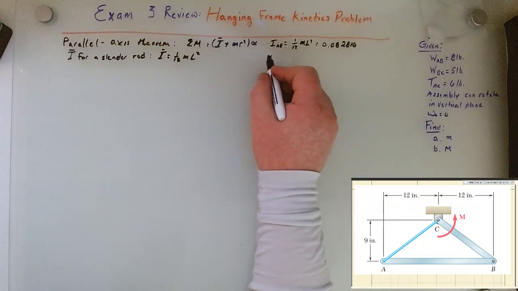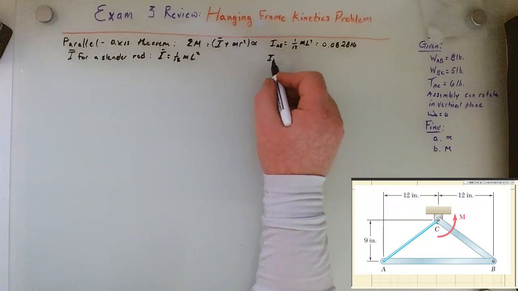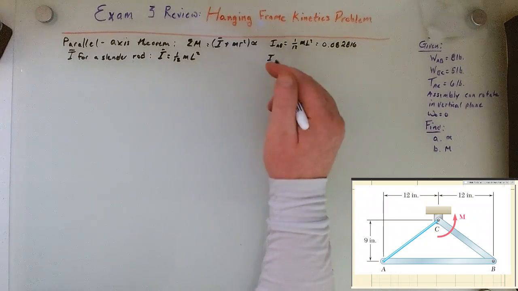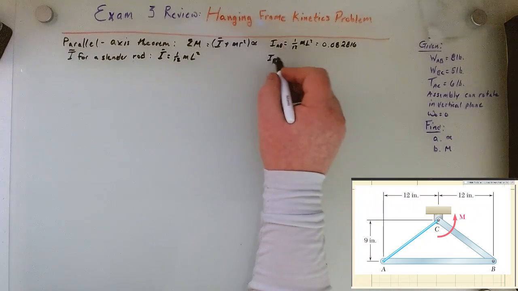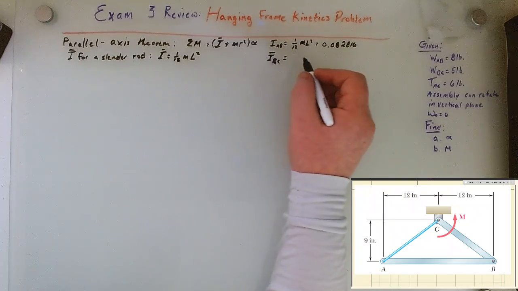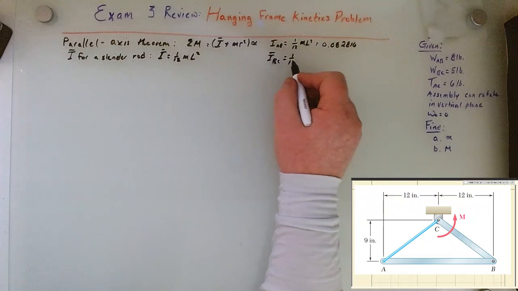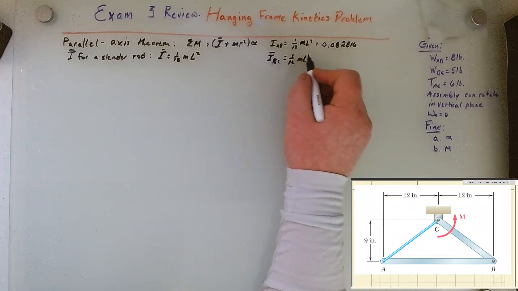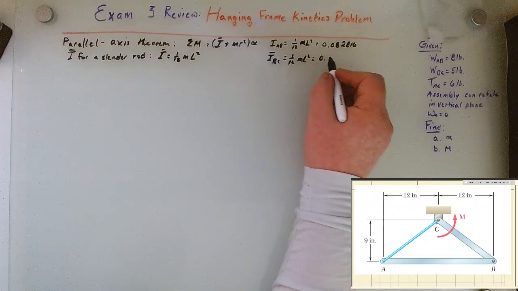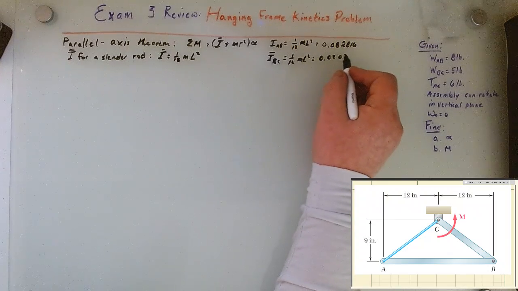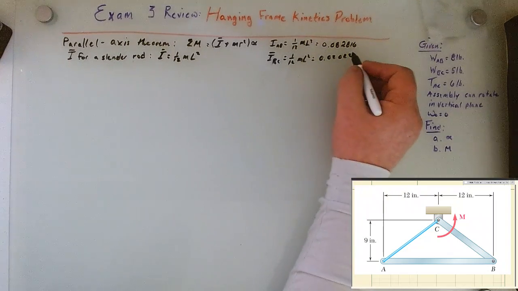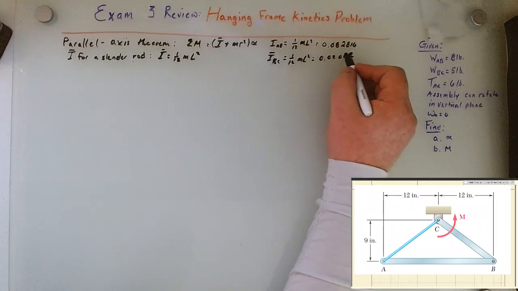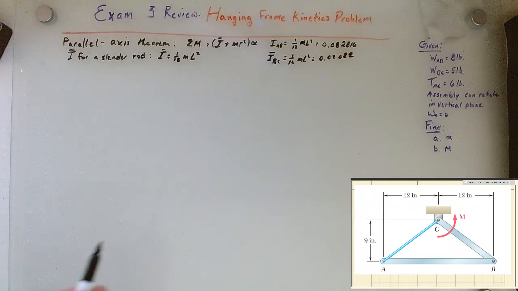Okay, and I bar, not AB, but BC, is equal to 1/12 m l squared again, and this time it is 0.02022. I usually keep quite a few digits with me when I'm doing those, just because I'm not sure how many times I'm going to use them.